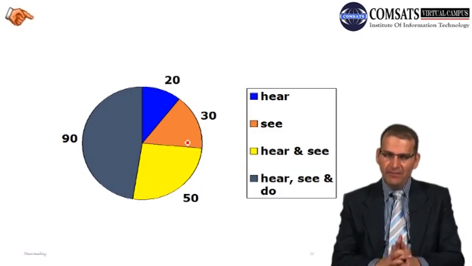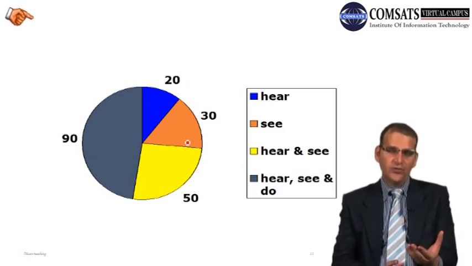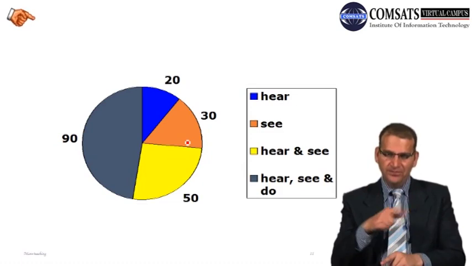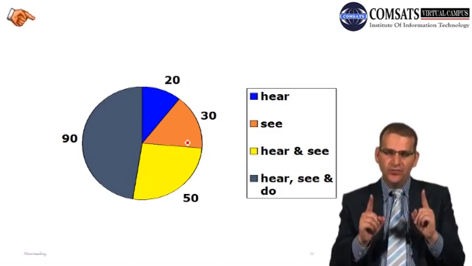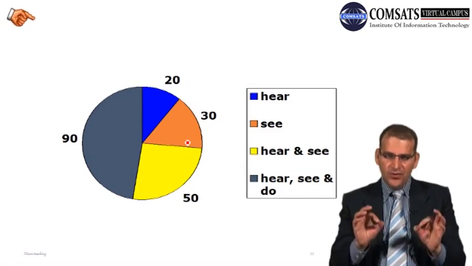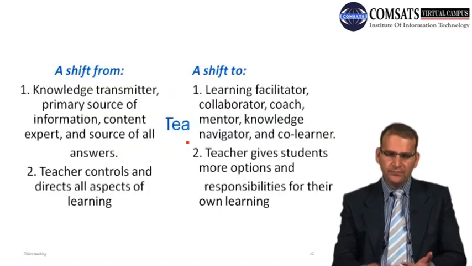Hear and see, 50%, yellow. And then hear, see and do, 90%. Now when you see this graph, it simply shows that there is what? Division. See, that 90% learning takes place when you hear, you see and you do. See how important micro teaching is.